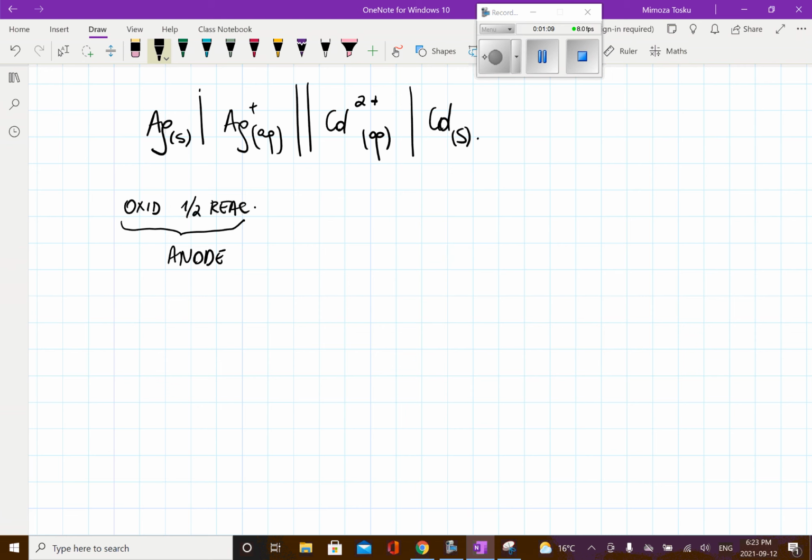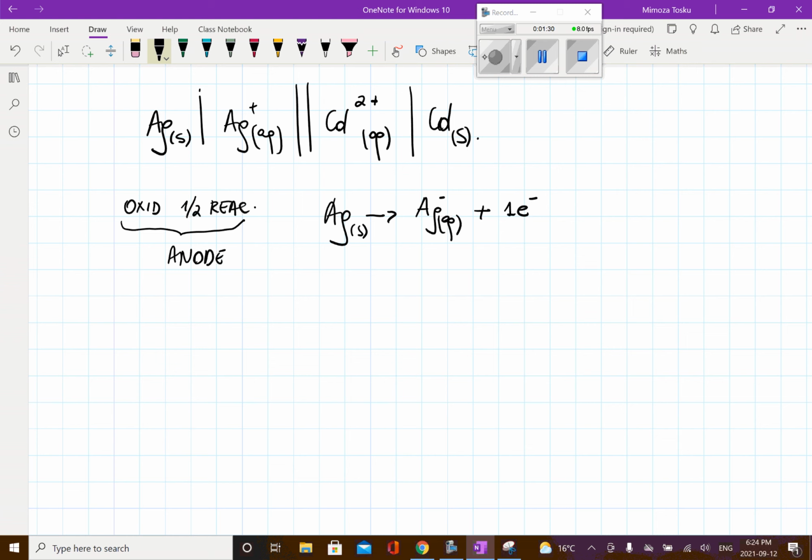So what is happening in the anode is that Ag solid is giving up the electron, and it's going into the solution.